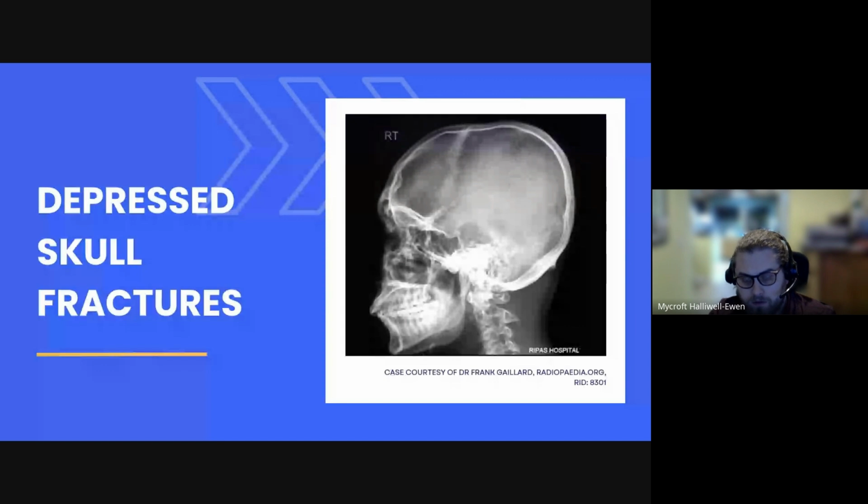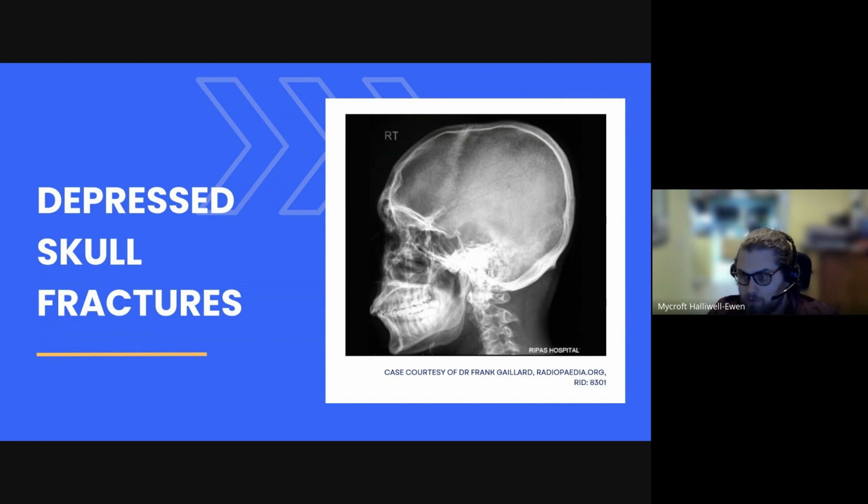This one, I suspect, looks to me to be old. I don't think this is particularly new. I think this is an old, partially healed fracture, but I'm willing for someone to look the case up on Radiopaedia and tell me that I'm wrong.